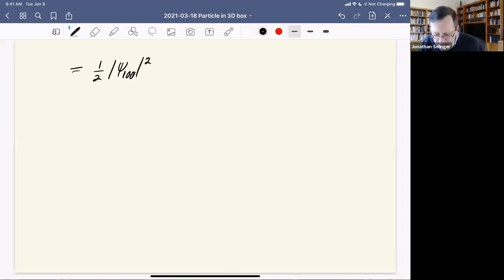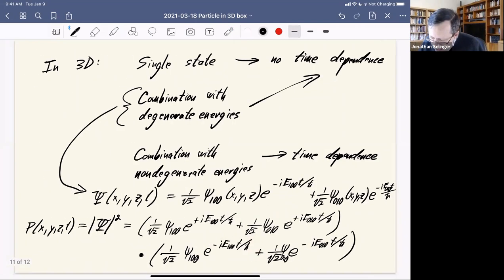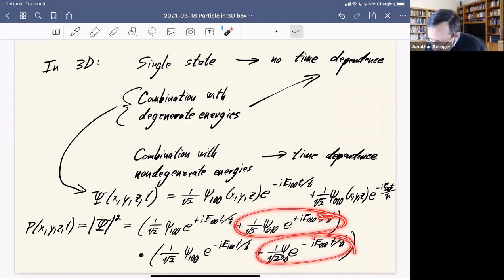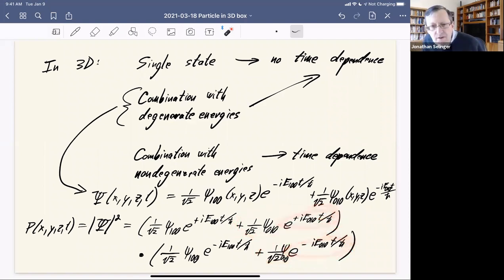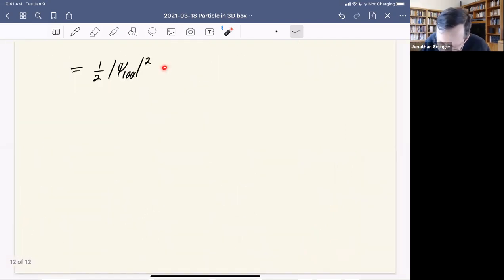There's no time dependence. Likewise, if you multiply the second thing times the second thing, the time dependencies cancel, so that makes a plus 1/2 psi 0, 1, 0 squared times e to the 0.